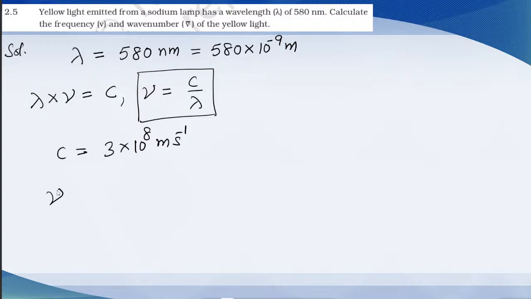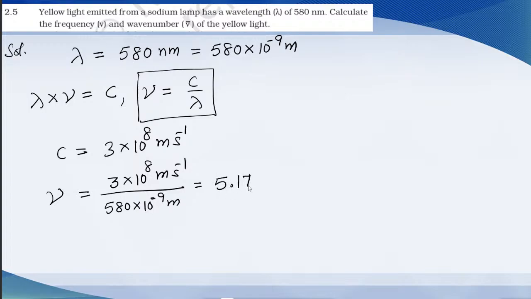Frequency is equal to c over lambda. c is 3 into 10 raised to power 8 meter per second, and wavelength is 580 into 10 raised to power minus 9 meter. From here, meter cancels, we get the value per second.